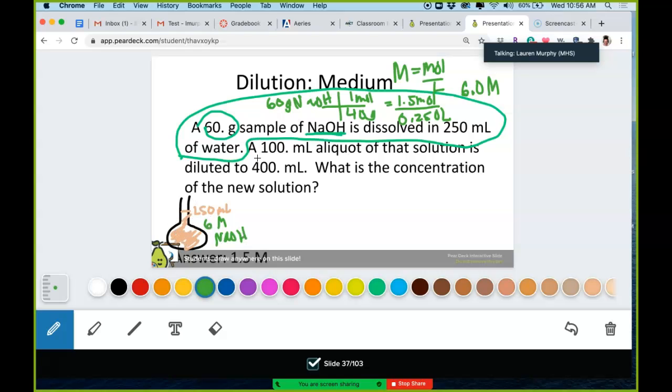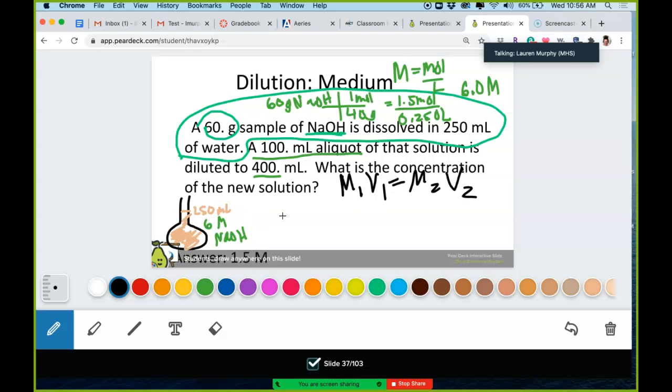The next part says they take a sample. An aliquot means sample. They take a sample out of here, 100 milliliters of it, and they dilute it to 400 milliliters. Well, now that we're doing dilution, that's M1V1 equals M2V2.